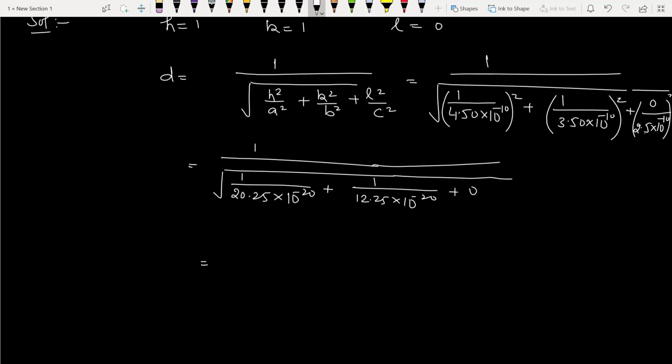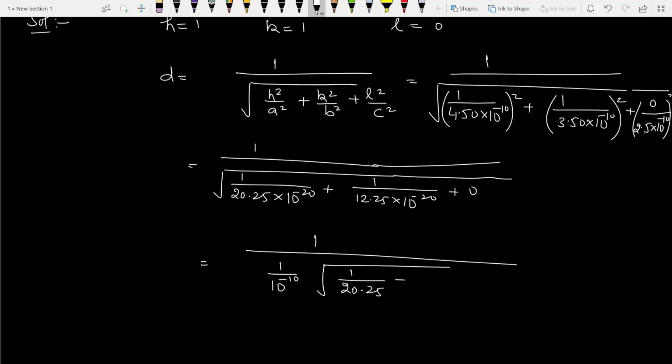So 10 raised to power minus 20 comes common. In the square root it will be 10 raised to power minus 10 into 1 by 20.25 plus 1 by 12.25. When we solve this, finally you will get 2.763 times 10 raised to power minus 10. So D comes out to be 2.763 angstrom.